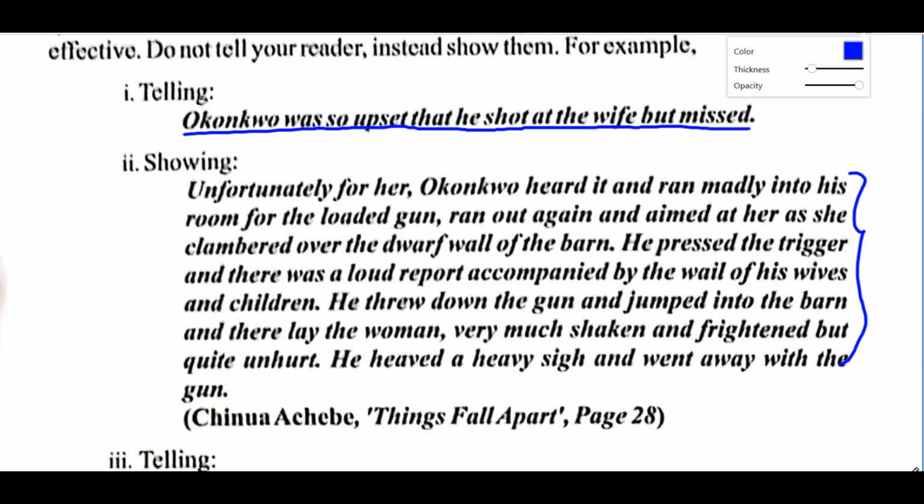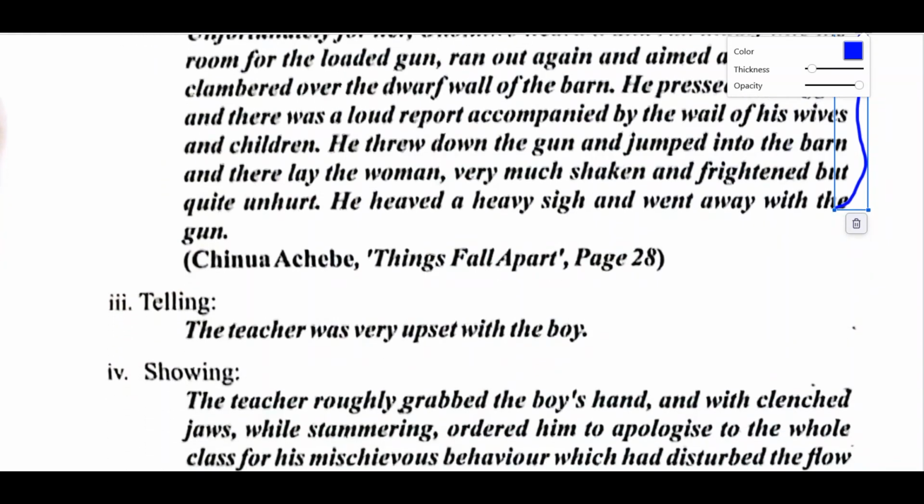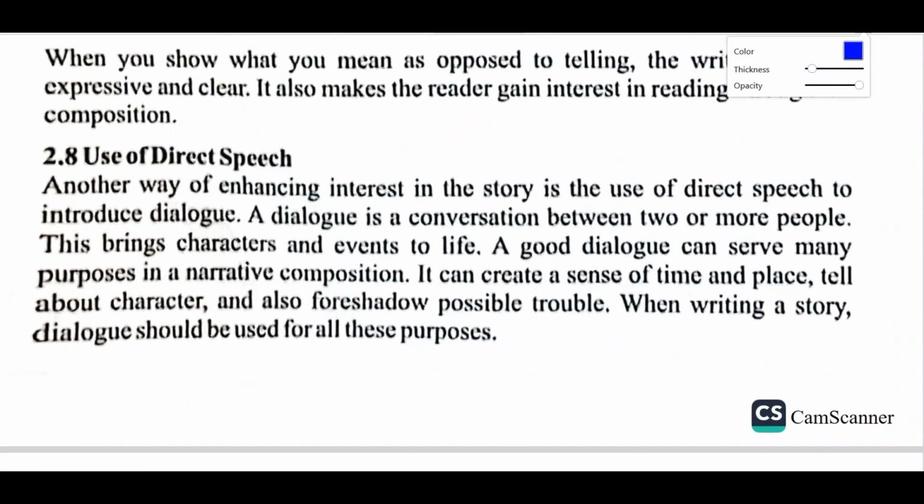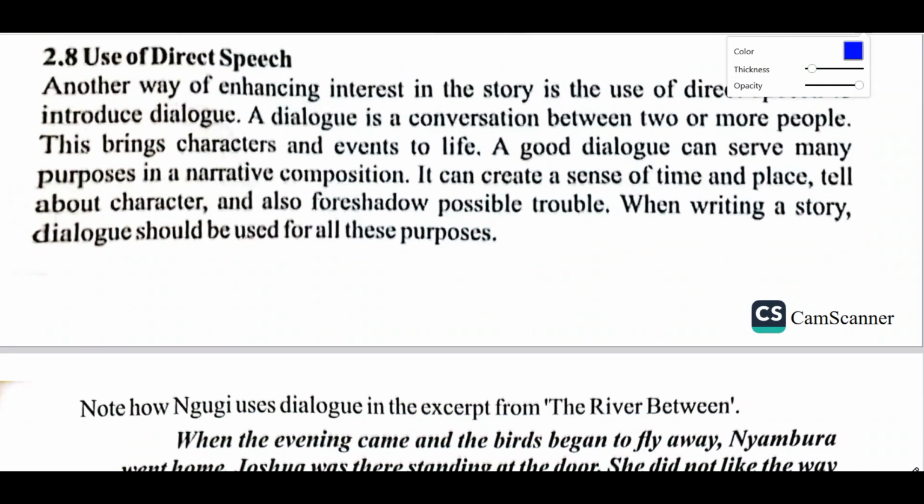So even up to here, we can at least come up with a picture of what was happening. So this is what we call showing. So make sure your narrative composition is able to create pictures, showing a story.